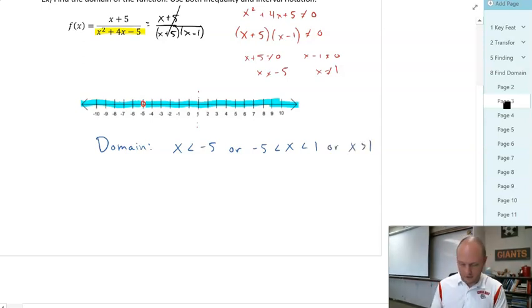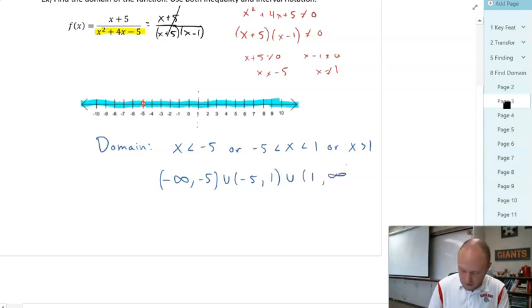Okay, and again, that's inequality notation. And then in interval notation, -infinity to -5, union -5 to 1, union 1 to infinity.